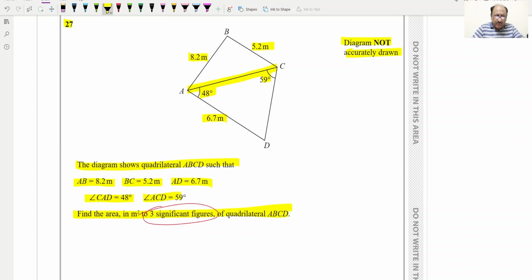We can apply the sine rule, using the 59 degree angle and the 67.